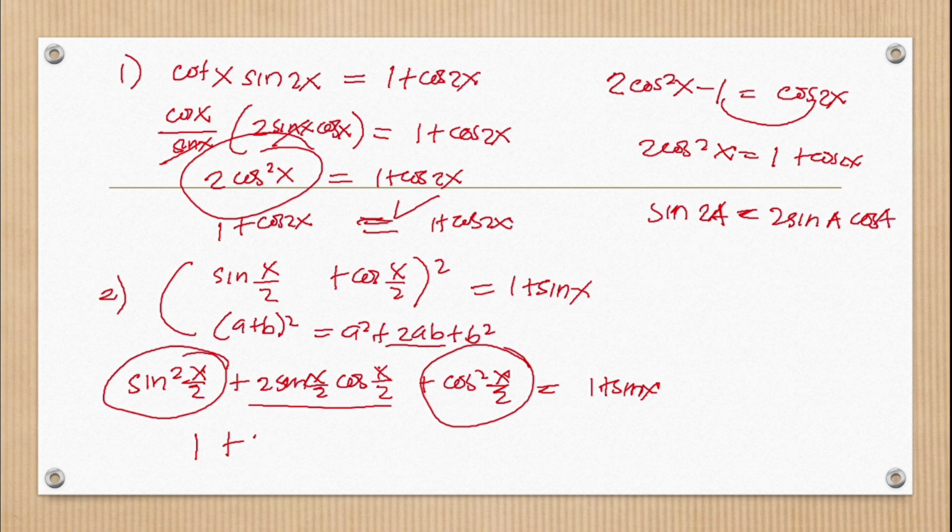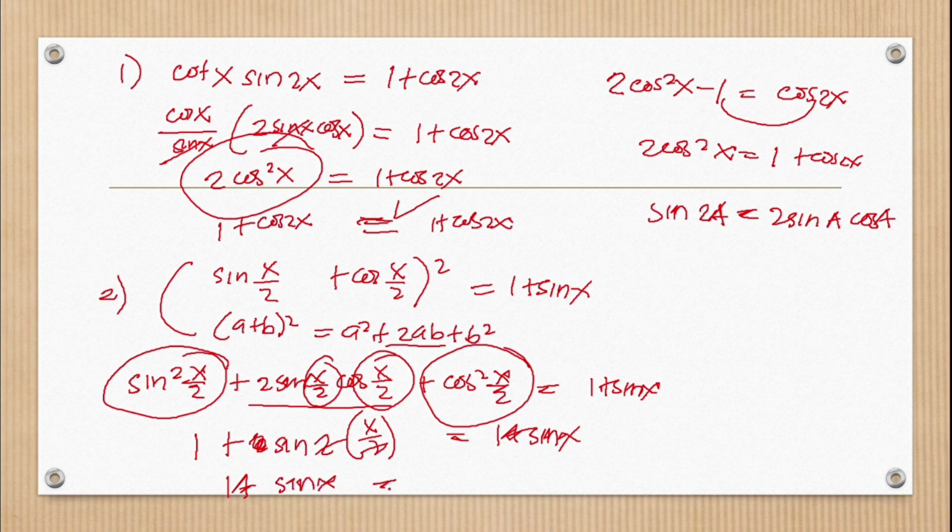So since this is x over 2 and x over 2, this is sine 2 times the value for a, x over 2, is equal to 1 plus sine x. So 1 plus, cancel this part, sine x is equal to 1 plus sine x. So check. That's the identity for number 2.